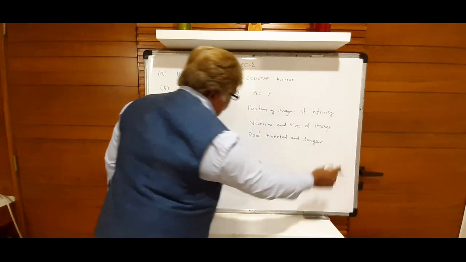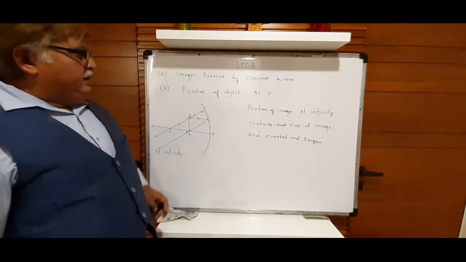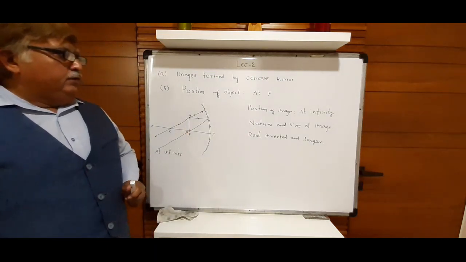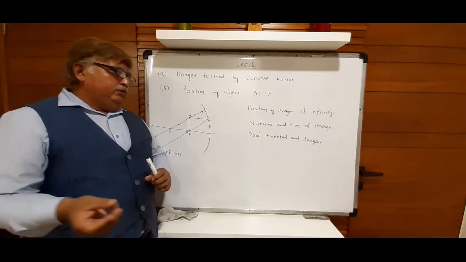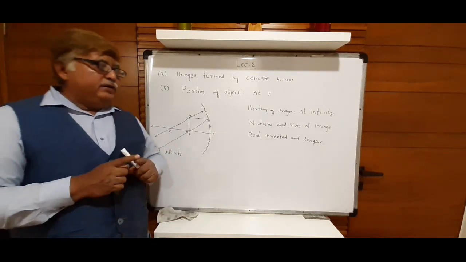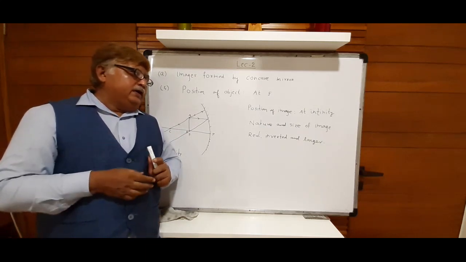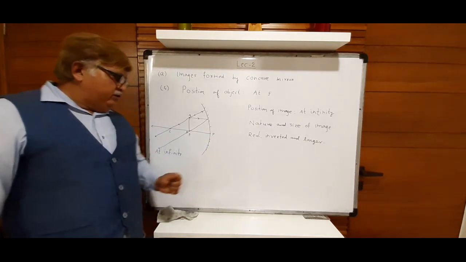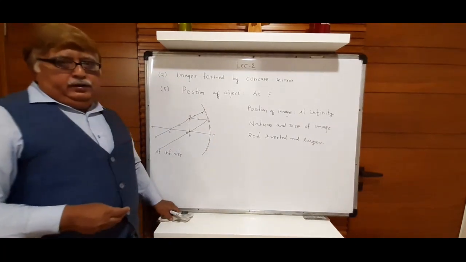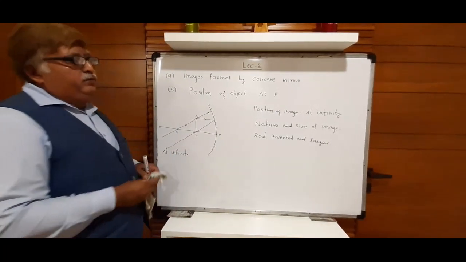Okay, so diagram number 5, position of the object at focus, position of image obviously at infinity, exactly contradict to the first diagram we have drawn. Nature and size real, inverted and larger. Okay, so understood. Diagram number 5.